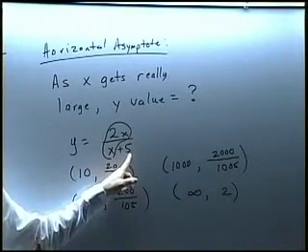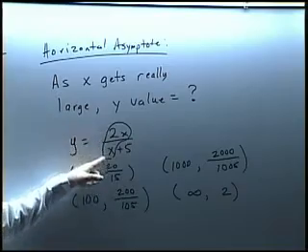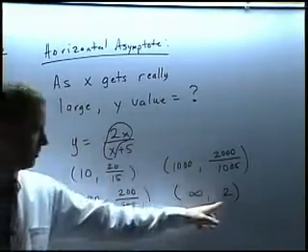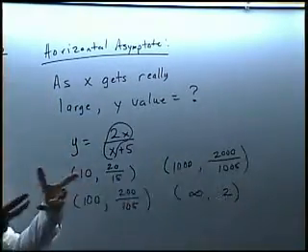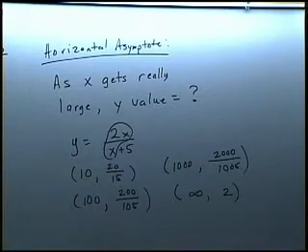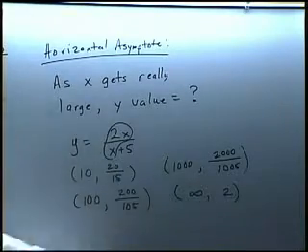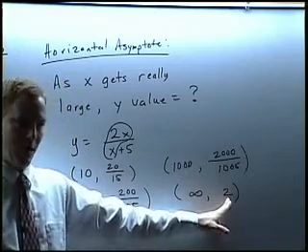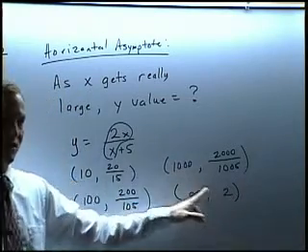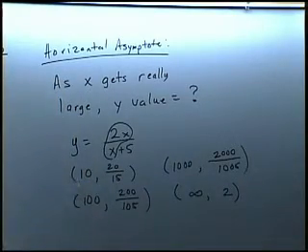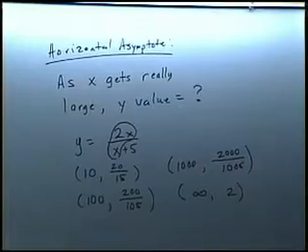This number just stays the same. What's 2x divided by x? Well, that's 2. So if we divide the strongest terms by each other, that will tell us where this horizontal asymptote should be located. So that's a little trick that you can use if you want to work on a horizontal asymptote real quickly here.